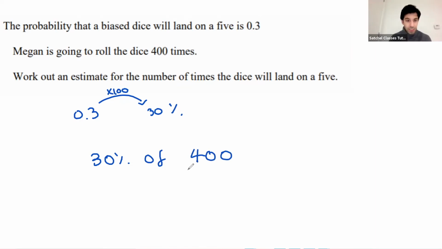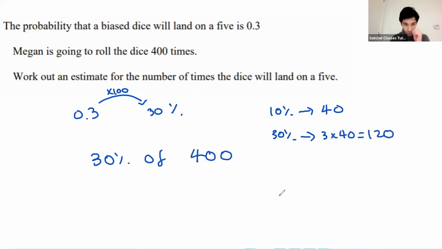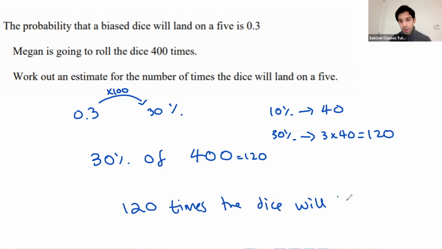Now, 30% of 400, well, to work out 10% is going to be 40. So 30% is going to be 3 times 40, which is 120. So 30% of 400 is equal to 120. So 120 times the dice will land on 5.